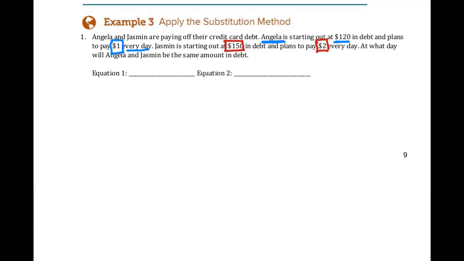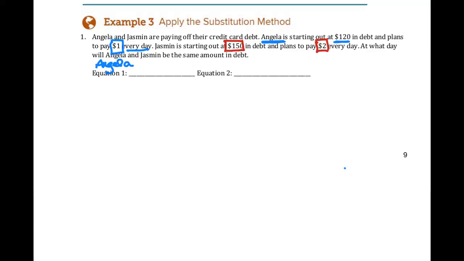Okay. So we're talking about debt. All right. And each of them has different amounts. Let's do equation 1 for Angela. I'm just going to put Angela over here. We can get all of her information right here.